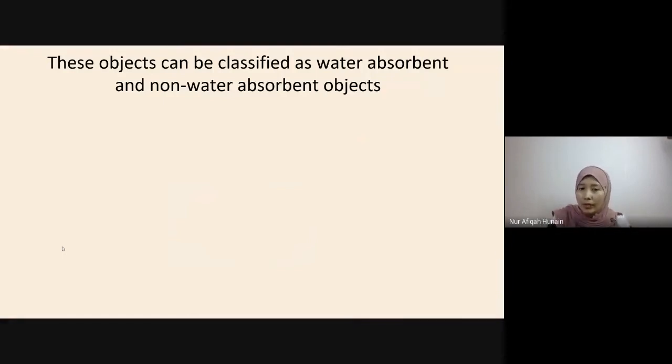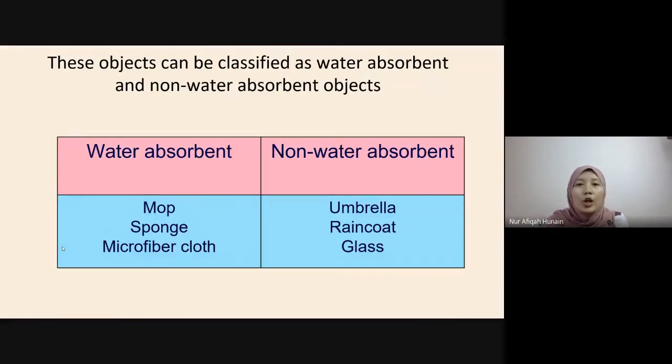Objects that can absorb water, and objects that are waterproof, that cannot absorb water. So water absorbent objects are mop, sponge, and microfiber clothes. Remember, last year we did an experiment about these two types of objects. So umbrella, raincoat, and glass are classified into non-water absorbent objects.